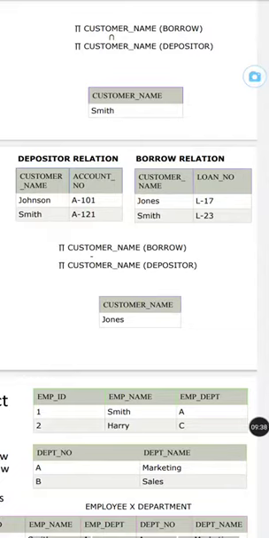If we consider that in the depositor table instead of Smith there is some other name, then the output will be Jones and Smith, because the left table, that is the borrow table, has Jones and Smith. When comparing only these two tables while doing this difference operation, the similar content will be deleted and only the left side content will be applicable to the resulting output.